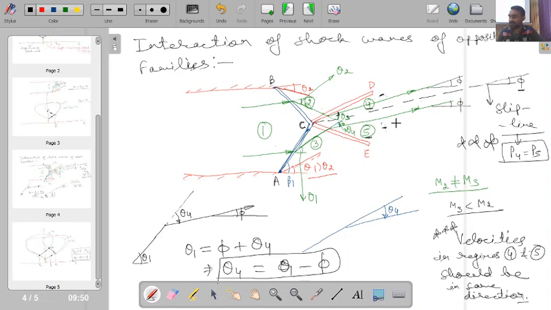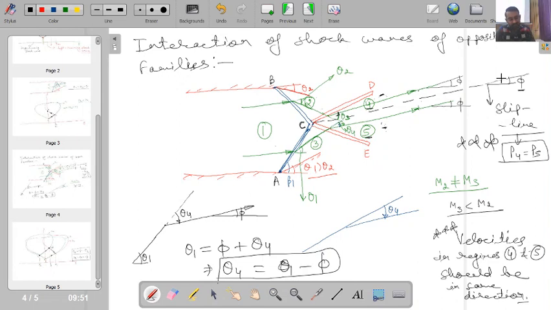So another important condition is that velocities should be in the same direction, and ultimately this leads to both streamlines deflecting at the same angle. That is the reason these streamlines are parallel, and the slip line is also parallel to them. So are these conditions clear?